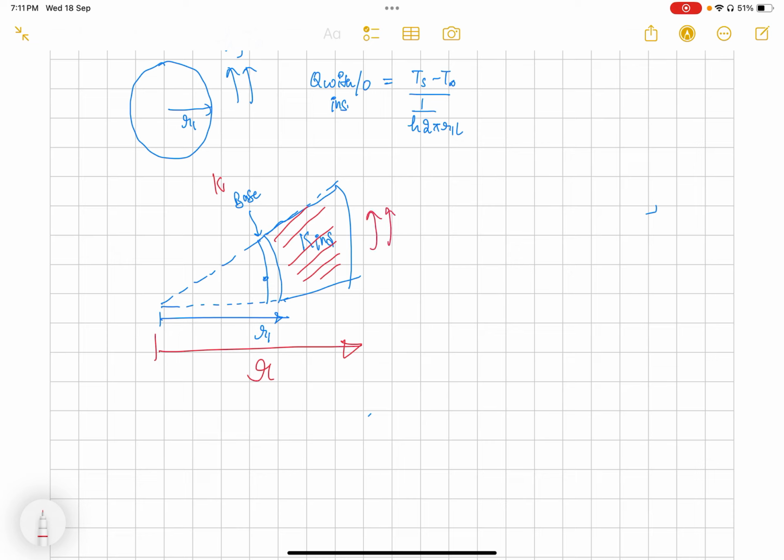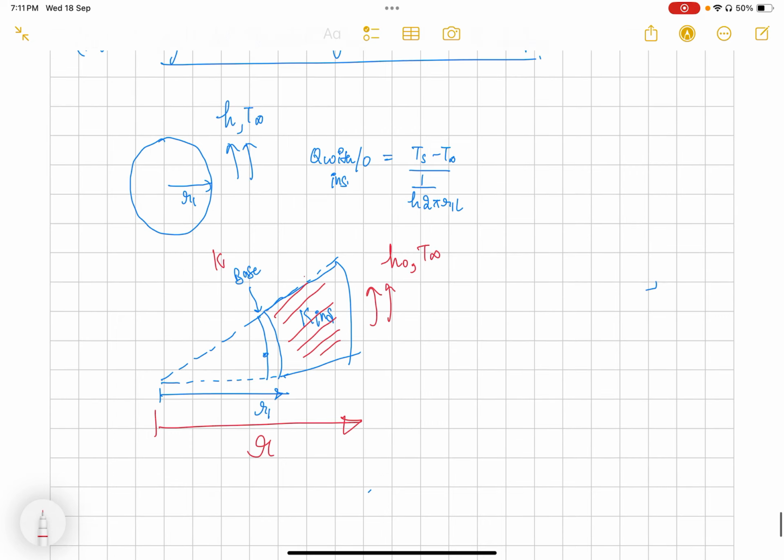We have to find that, with h naught and T infinity, right? After insulation it will look like this. You have to find this R value at some general radius.